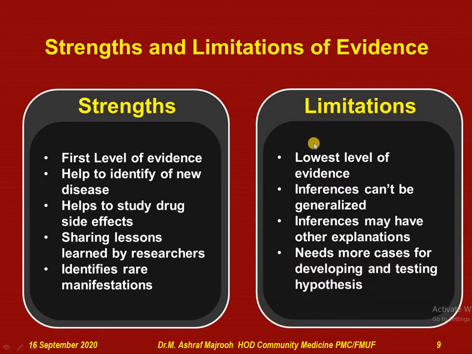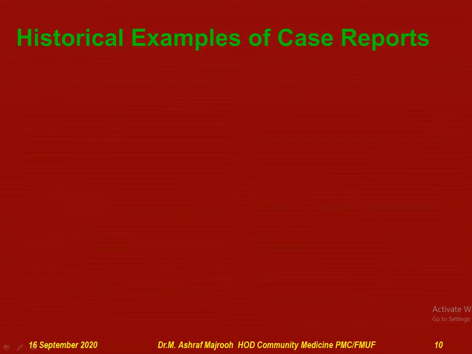Then limitations include it is the lowest level of evidence. Inferences can't be generalized. Inferences may have other explanations, and we need more cases for developing and testing the hypothesis. So these are the strengths and limitations of the case report studies.